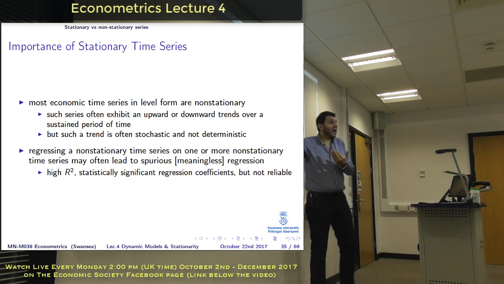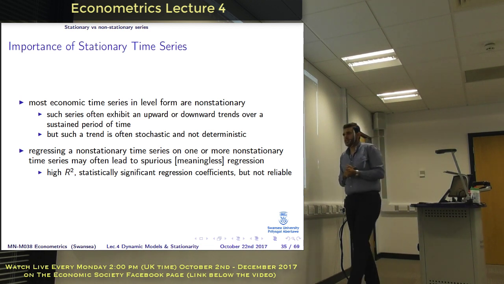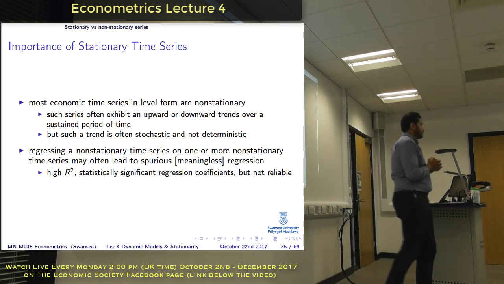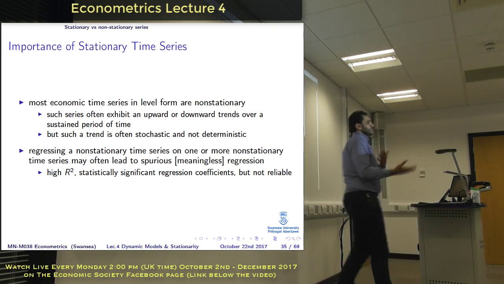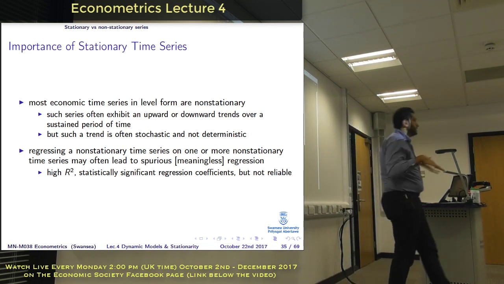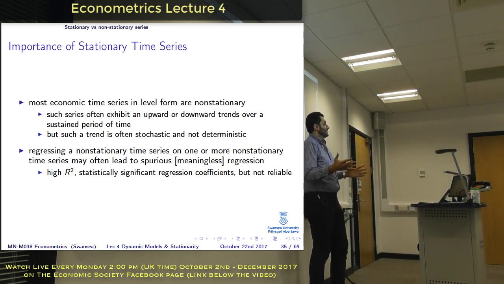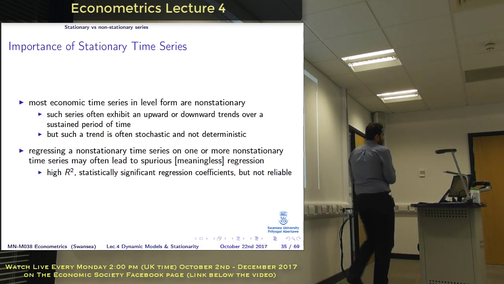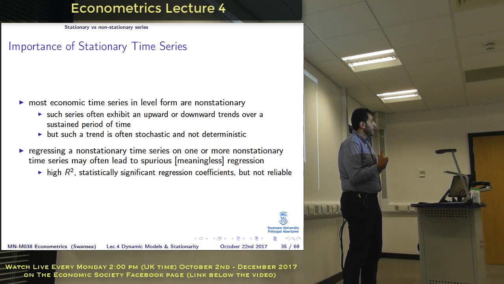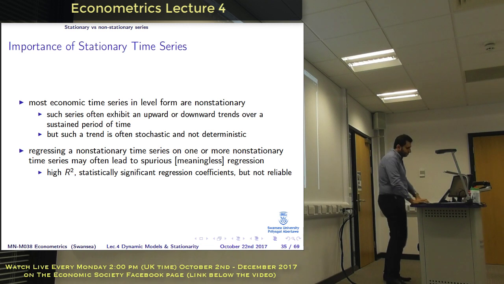You might have a very high R-square for this sort of relationship, and statistically significant regression coefficients, but this is something you can't rely on. You can't tell me that your income depends on your height or GDP depends on your height. Both variables just move together over time, and this doesn't make them related in any way. That's what we mean by spurious regression, and that's exactly what happens when we run a regression of non-stationary time series.